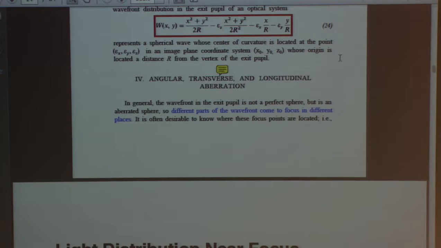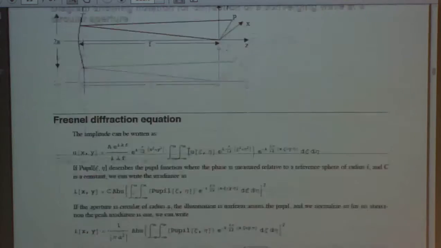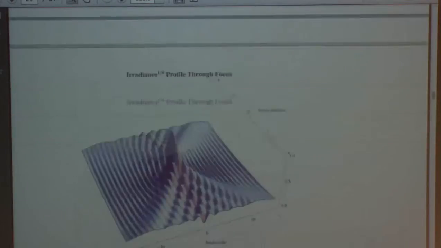Generally, the wavefront in your exit pupil is not a spherical wave, but some aberrated wavefront. And so different parts of the wavefront come to focus in a different place. And it's nice to know where these different parts come to focus.